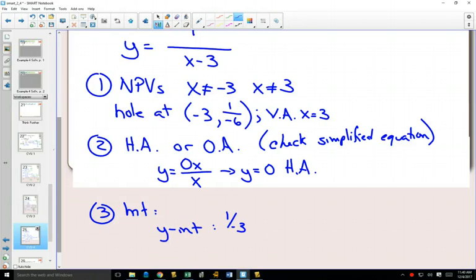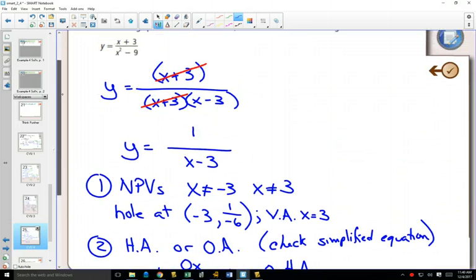For your x-intercepts, again, we're working on graphing the simplified version, and we're going to add our hole. If you look at your simplified version, 1 over x minus 3, is your numerator ever going to be equal to 0? No. Okay?